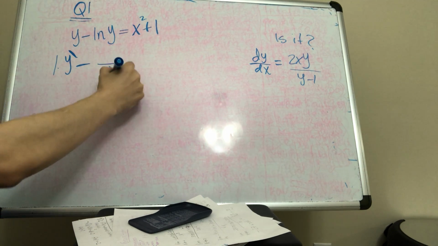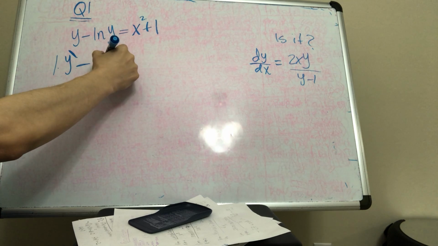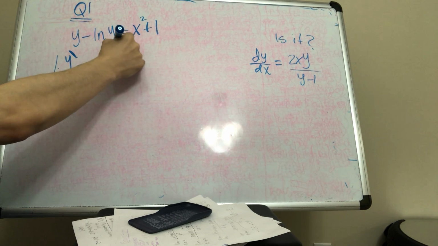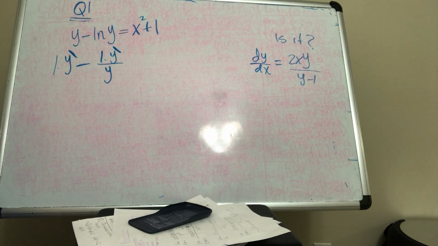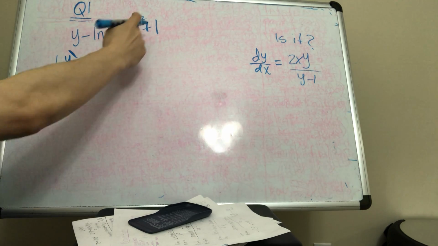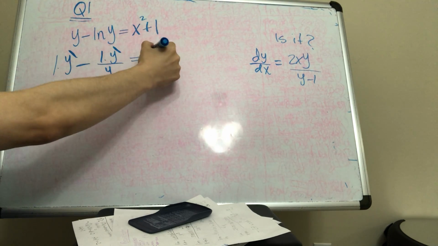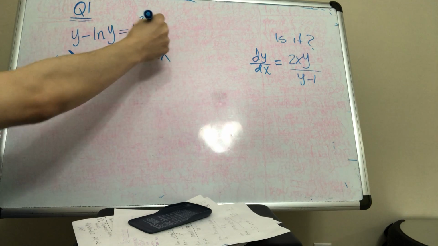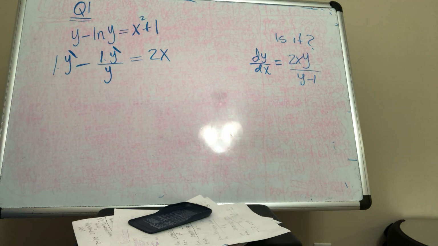The top would be the derivative of the inside, which is 1, but since it's y, we give it a y prime. Derivative of x squared is 2x, and the derivative of 1 is 0. You don't really have to show the 1, doesn't really matter.